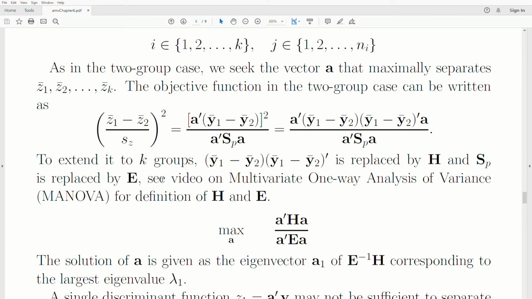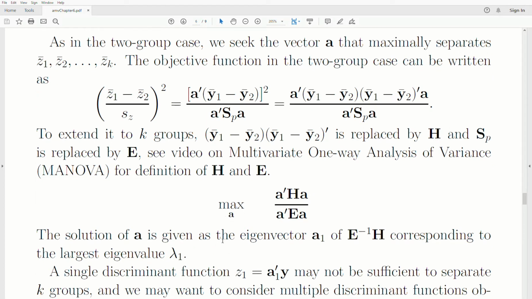I'm going to point you back to the video on multivariate one-way analysis of variance for the definition of H and E, but it's essentially the between variance divided by the within variance, and we want to maximize this so it creates maximum distance between the transformed means.